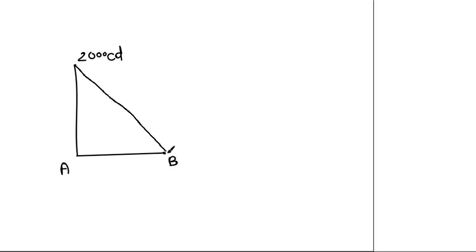So consider I have a luminaire here with an intensity of 2000 candela, mounted at wall A. I have to find the illuminance at point B using the same luminaire, right? This luminaire will cast some amount of illuminance at this point also.